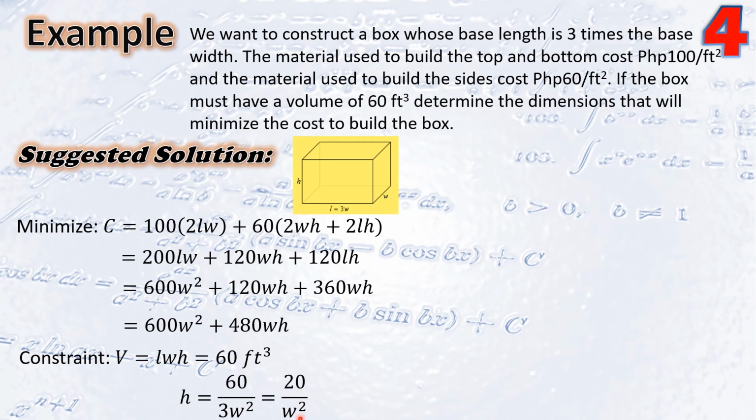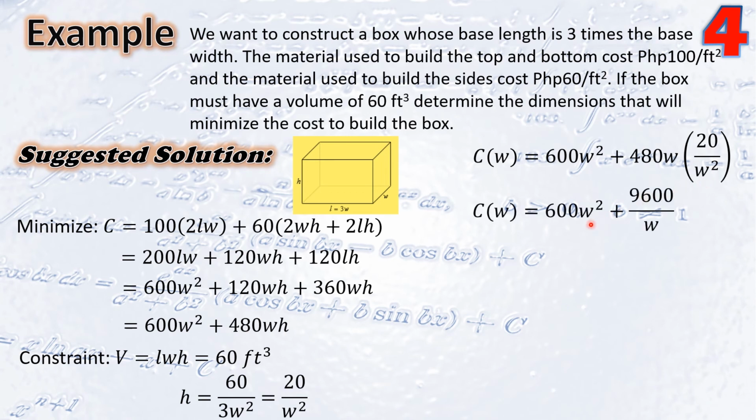Now we can express C as a function of W by substituting H is equal to 20 over W squared in the equation for C. Hence, we have C of W is equal to 600 W squared plus 480 W times 20 over W squared.